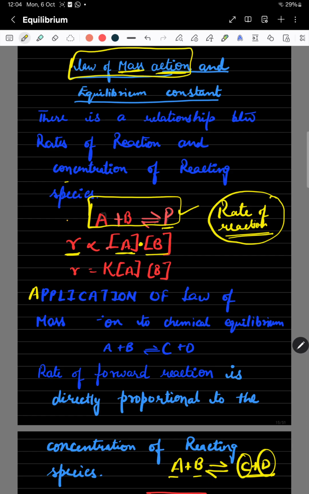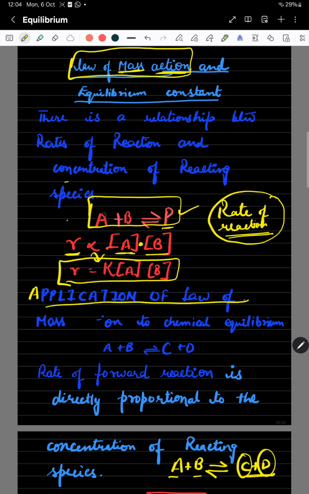The speed will depend on this. Now once you remove the proportional sign, you get a proportionality constant K. So R equals K[A][B]. This is the relationship between the speed of a chemical reaction and the concentration of the reacting species.